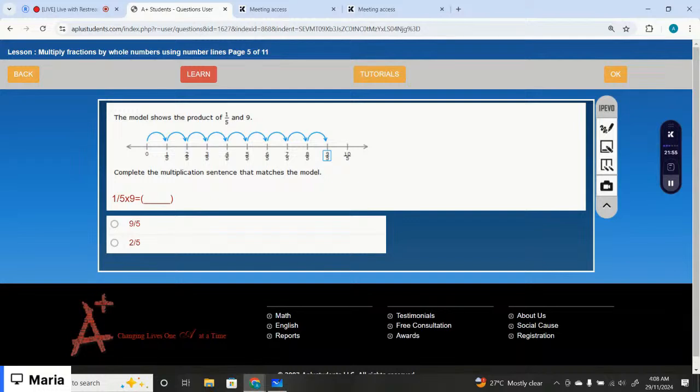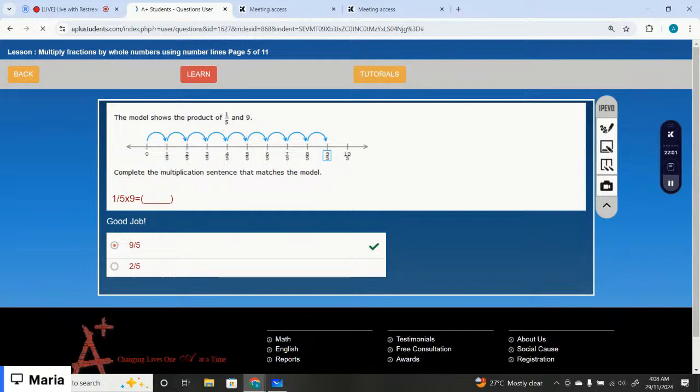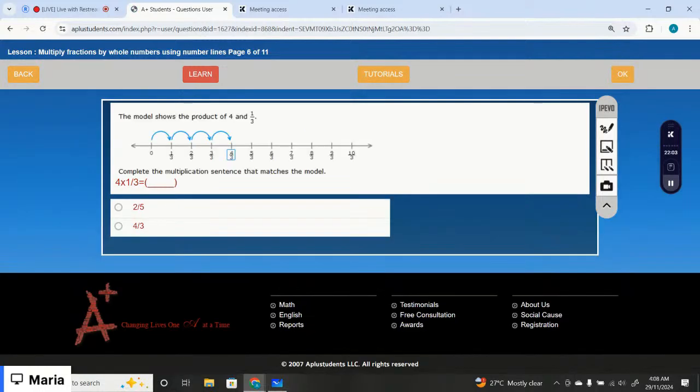The correct option is 9 over 5. Option number 1 is the correct option. The model shows the product of 4 and 1 by 3.